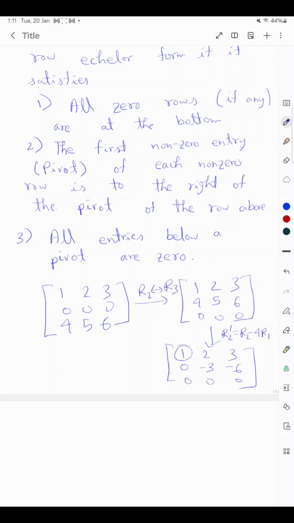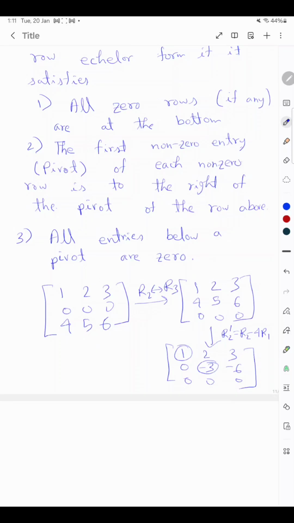Now we have not yet discussed the second property. What is the property? The first non-zero entry, or you can say the pivot element, is to the right of the pivot of the row above. So for the second row, the pivot element will be this, minus 3. Below this you also have 0, no issue.